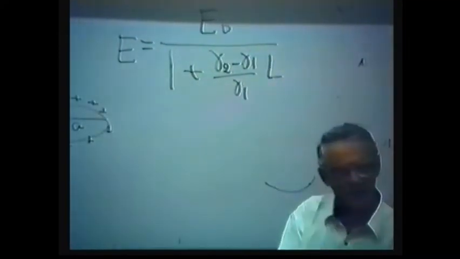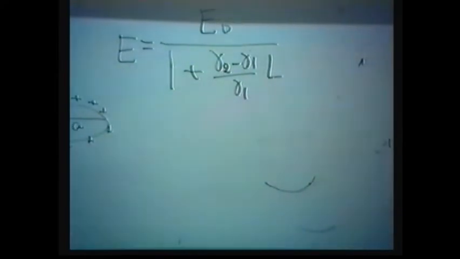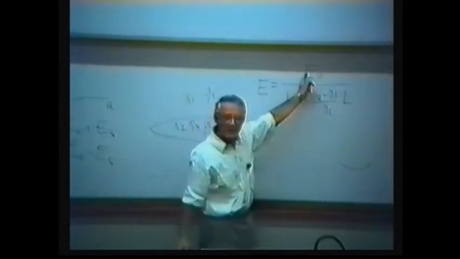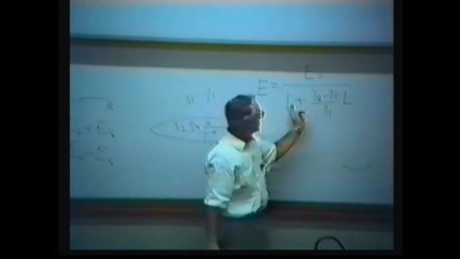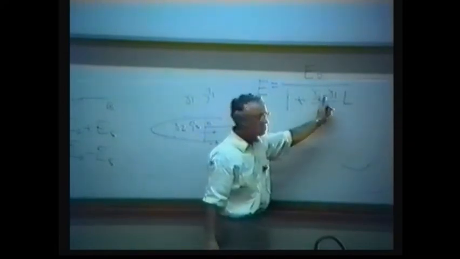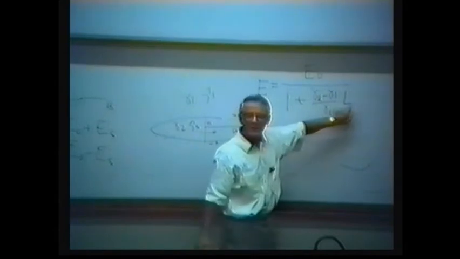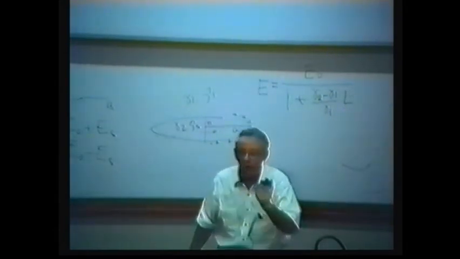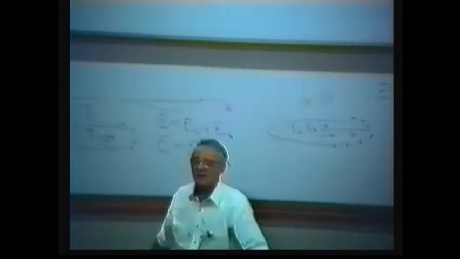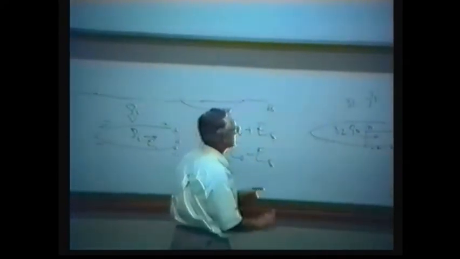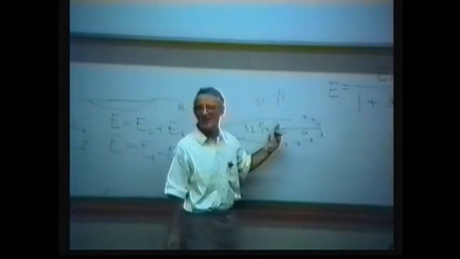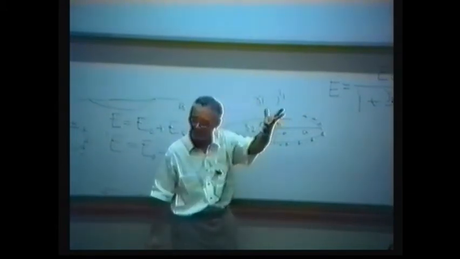Let us discuss. Again, I don't derive, I only tell. So electrical field inside is equal to primary electrical field, unit plus this ratio of conductivities times factor which depends only on geometry. Only geometry. Let us think together because we will use that as basis for many other things.